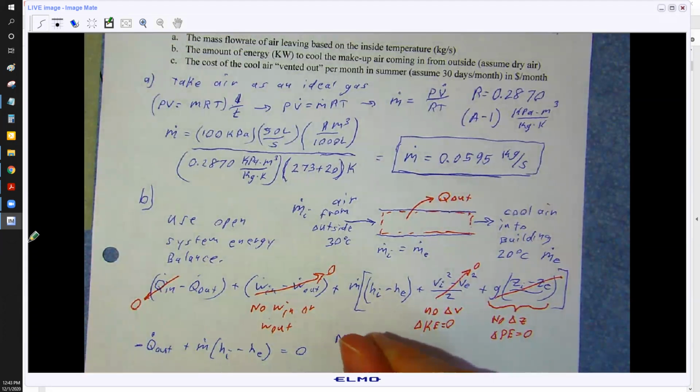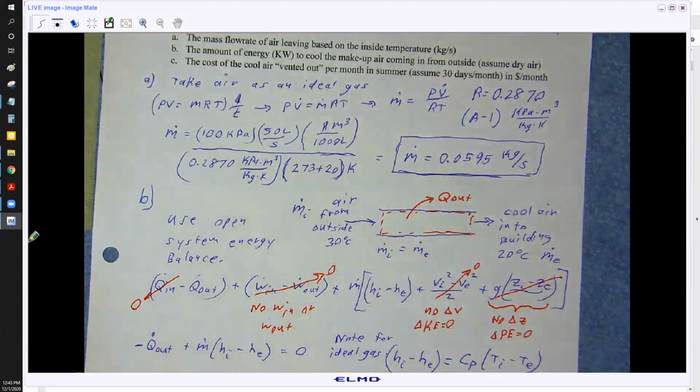Note, for ideal gas, h_i minus h_e equals C_p (T_i minus T_e). And the C_p for air is 1.005 kilojoules per kilogram Kelvin, and this is from table A2.